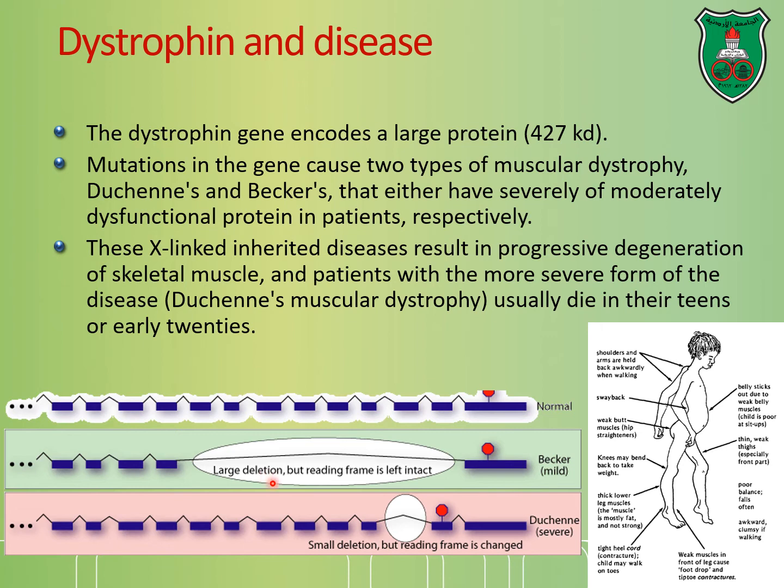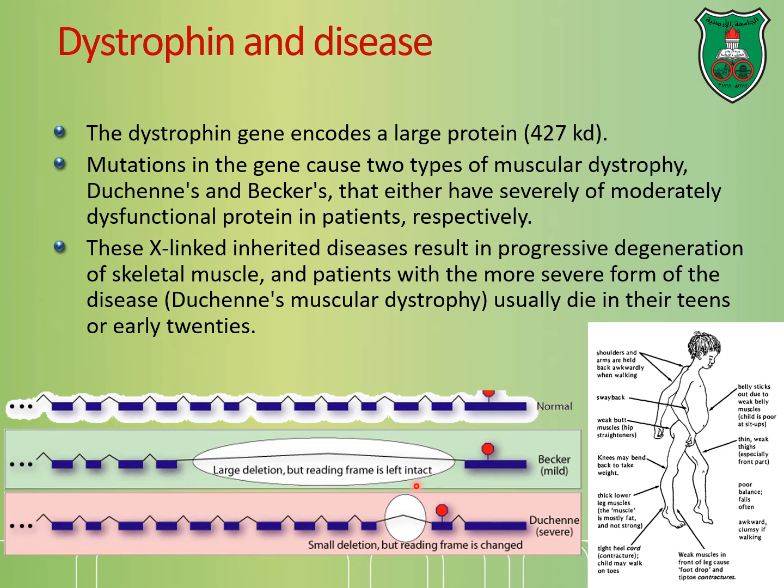On the other hand, Duchenne muscular dystrophy results from a frameshift mutation, from a small deletion resulting in a frameshift. Duchenne muscular dystrophy is more severe than Becker's. Someone might say, wait a second, here we're talking about a large deletion. That's true, but with Duchenne you have a totally different protein as a result of the frameshift mutation.